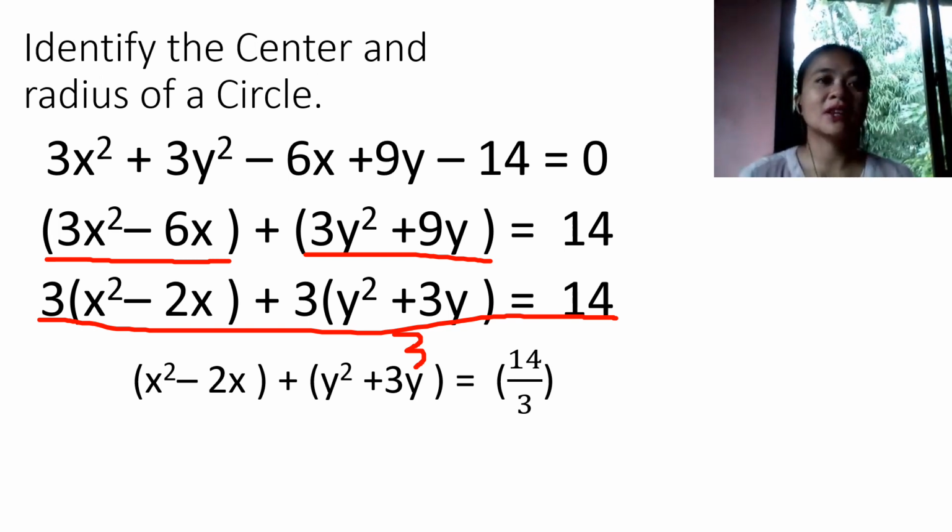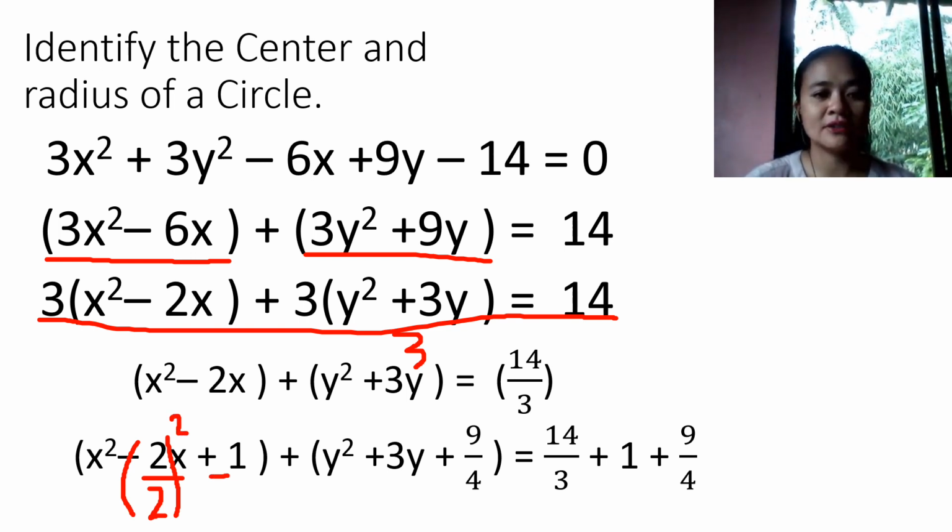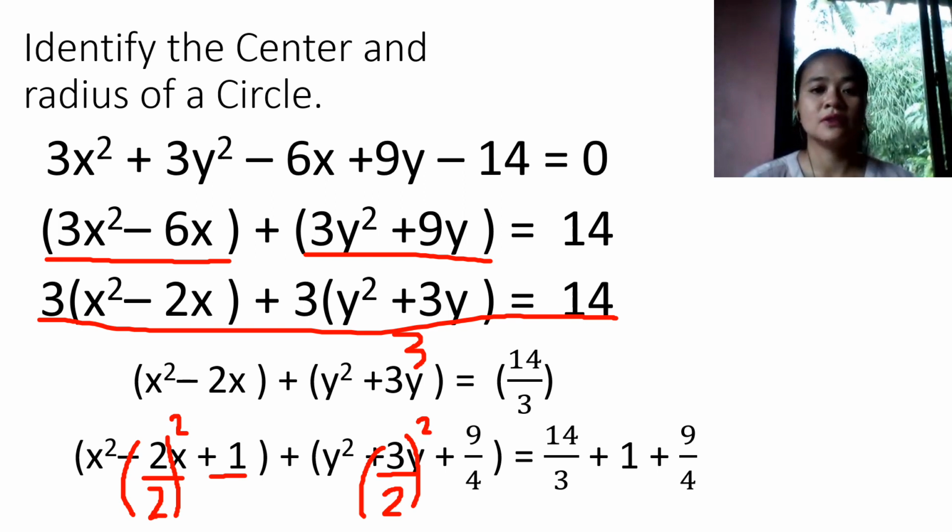To complete the perfect square trinomial, how did we get 1? The second term must be divided by 2 and then squared. So 2 divided by 2 is 1, then 1 squared is still 1. The same idea applies to the y variable: you have to divide by 2 and then square to get the third term.